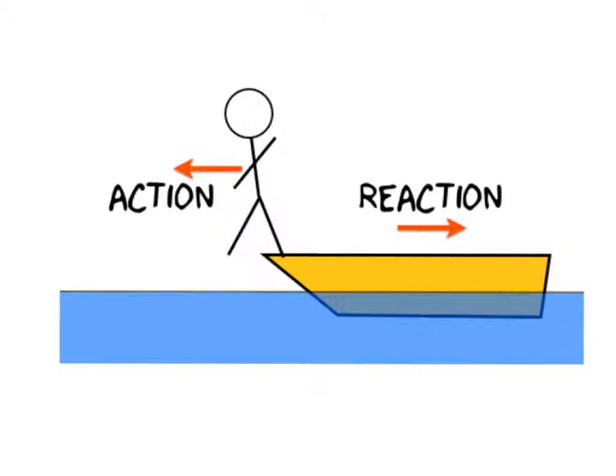So depending on which force is greater, if the force of the person's foot pushing on the boat is greater than the force of the boat being able to push back against the foot, then this boat will move this way, and that person will fall in the water. If the force of the boat pushing back is greater than the force of the person's foot pushing against the boat, then the boat will not move back.